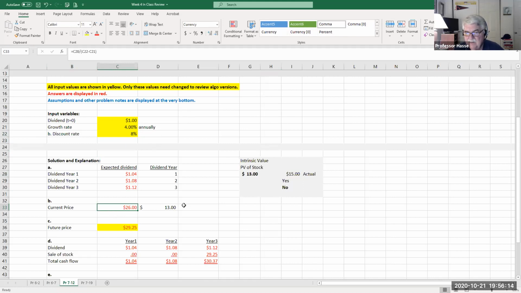Now I go to the market and say, whoa, the market says this company is worth 15 bucks. I think it has a value of $26. Would you buy it now? Yes. Why? Because now it's undervalued. The market is missing something. The true value of this stock based on these projections now means it's worth more.